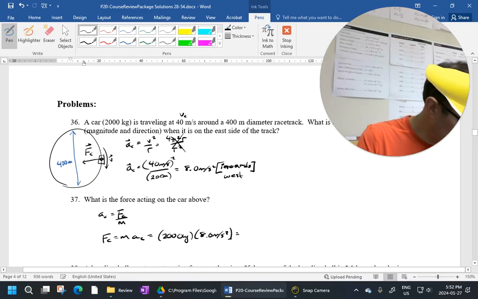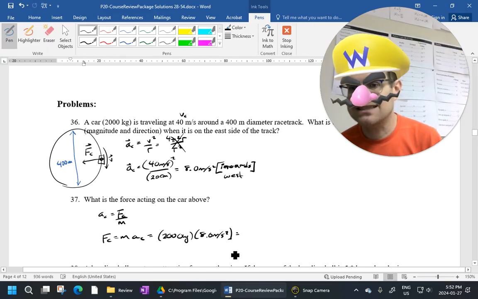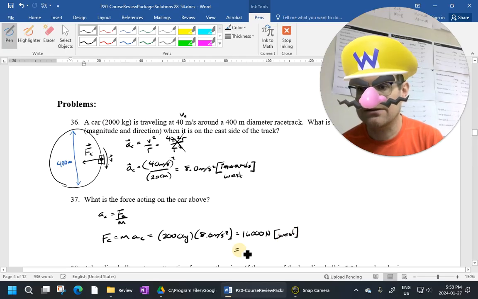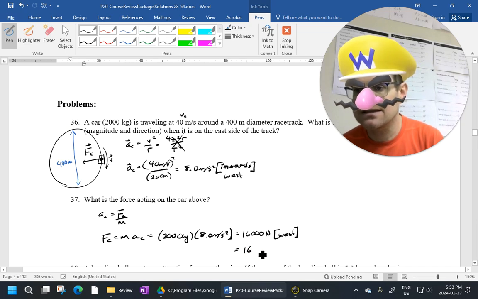So that times 2,000, so 16,000 newtons. Again, west, if you want to put the direction in there, we can. And proper sig digs, how many do we need? 2 again, so 16 kilonewtons. I'm just going to have fun with my units now. You can go with scientific notation, 1.6 times 10 to the 4 newtons as well.